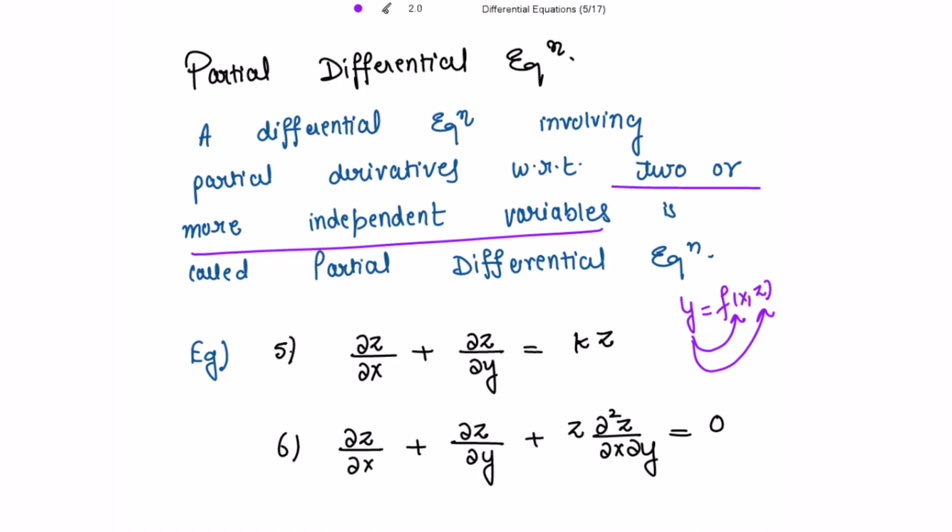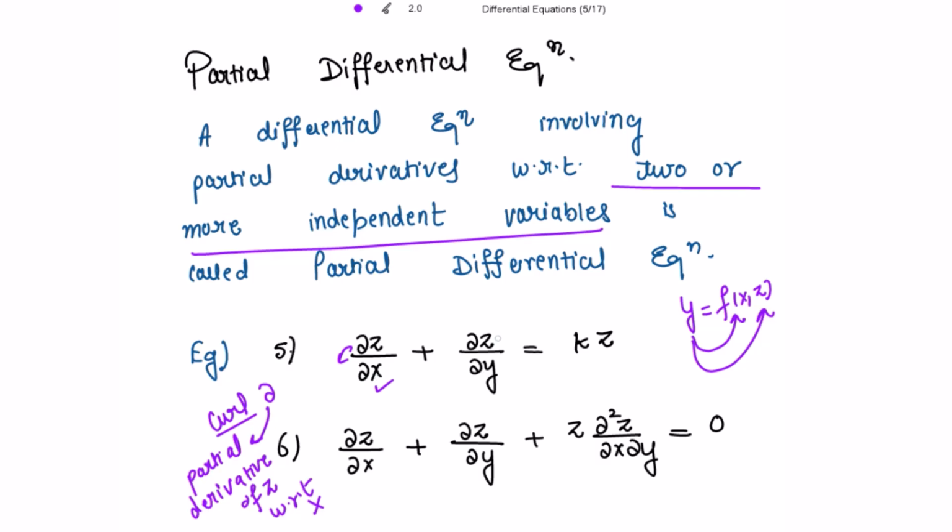The fifth example is a partial differential equation, where we use the curly d sign. We write this as the partial derivative of z with respect to x, so z is differentiated with respect to x partially. It is the partial derivative of z with respect to x, the first term.